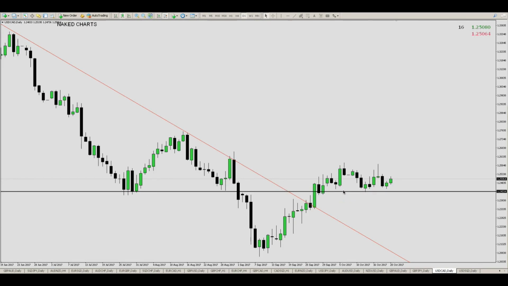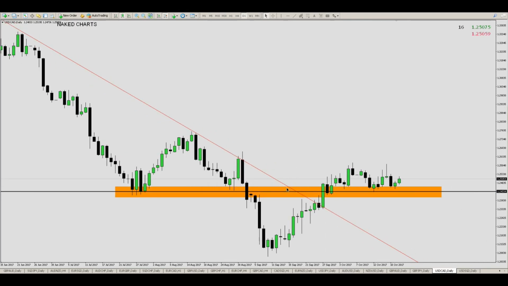You can see this area here is already stuck above my support after the break here. So for me it's telling me that my advice to sell here is already invalidated, not valid anymore.